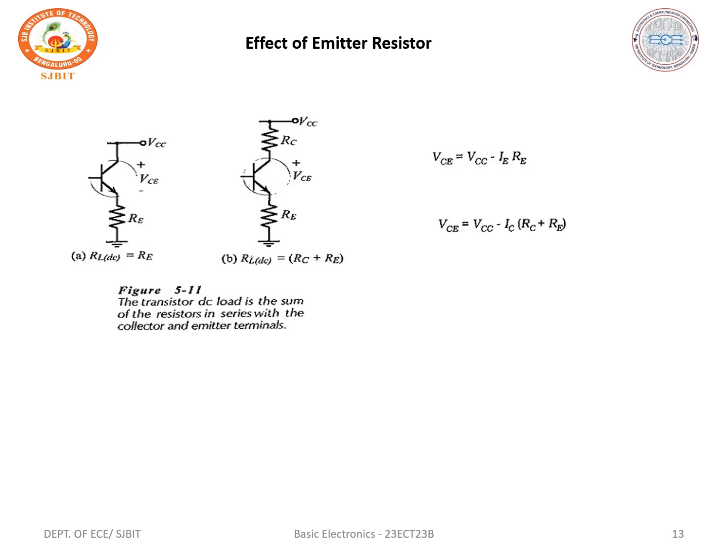Simplifying that, we get the equation IC equals minus 1 by (RC plus RE) into VCE plus VCC by (RC plus RE). Next, if you put IC equals 0, then VCE will be equal to VCC, and if you put VCE equals 0, then IC equals VCC by (RC plus RE).